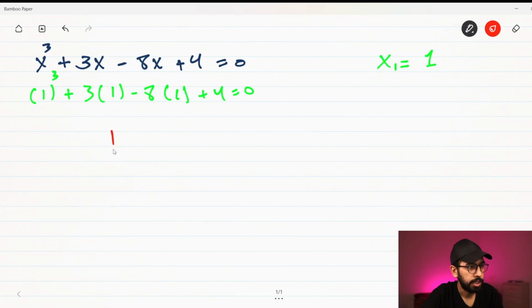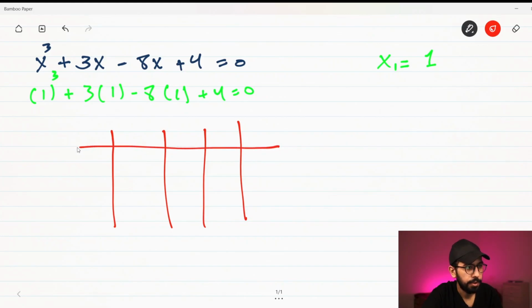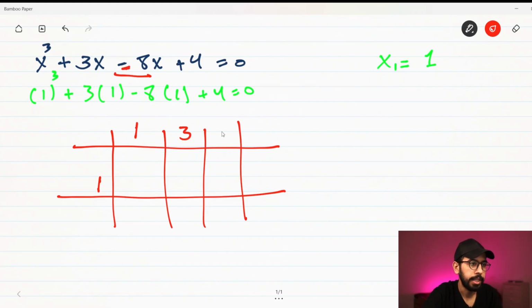So the first thing, we need to make 4 lines, and then one line like that, another line like that, and we take the first x and put it here. Then we take the first coefficient that we have here, 1, and then we have 3, and here we have minus 8, and we have 4 here.